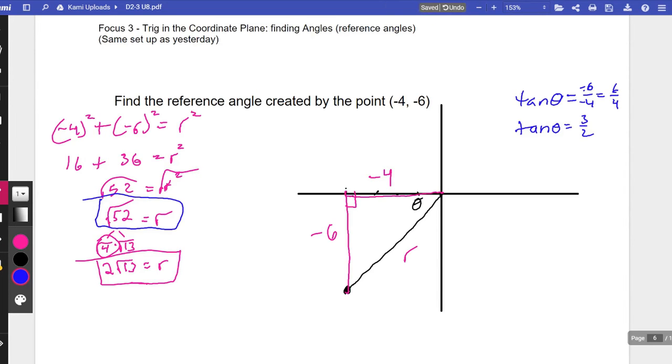Now, we really haven't done anything different than in the previous problems. We have tangent of theta. We could write sine of theta now, because I did figure out what r is. It would be opposite, so -6 over root 52, or I could do cosine of theta, which is -4 over root 52.